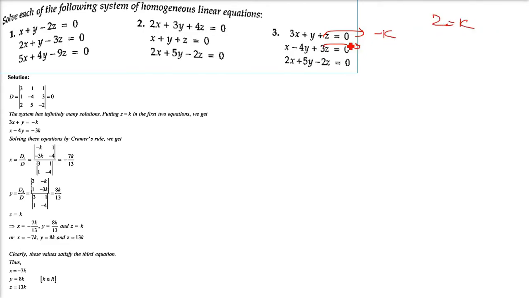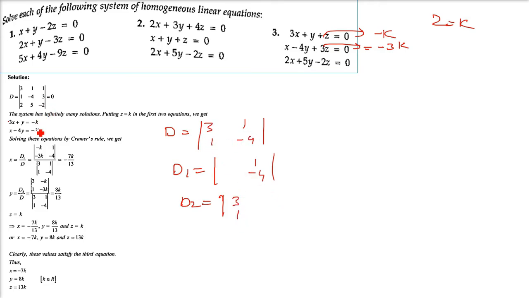Okay, so z equals k we are taking, and this z will become minus k on the right hand side, 3z will become minus 3k on the right hand side. So the determinant will be 3, 1, 1, minus 4. So d1 will be, the first column has to be replaced by minus k, 3k, and in d2 the second column has to be replaced by minus k, 3k.